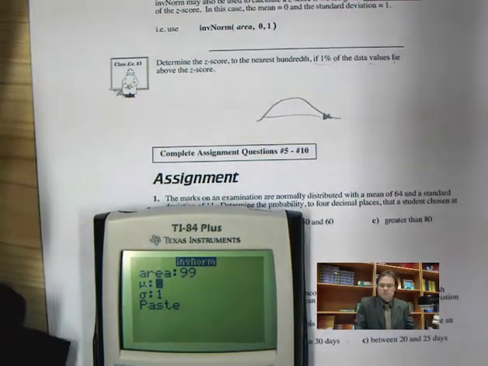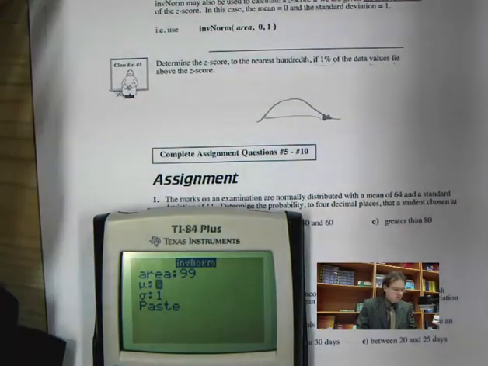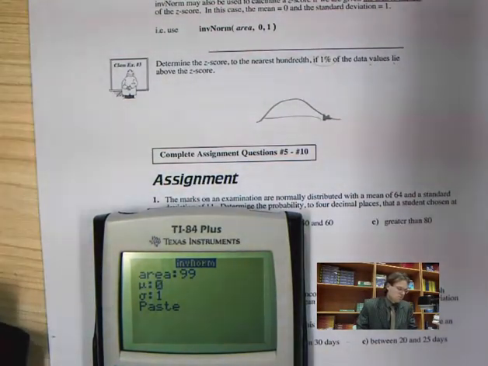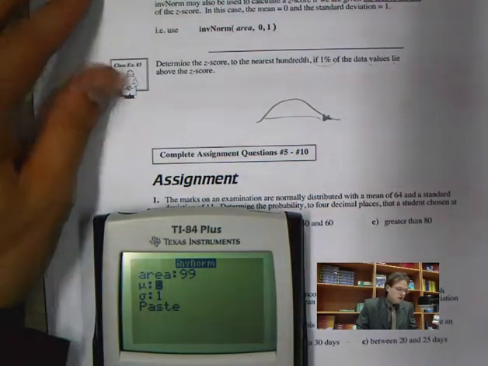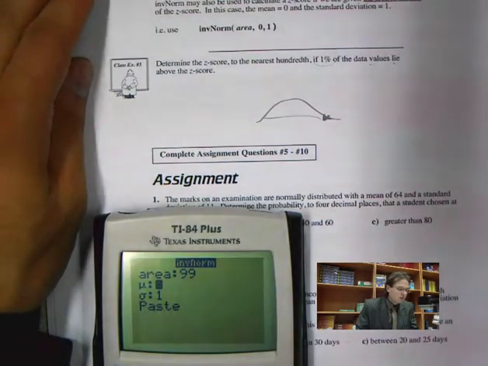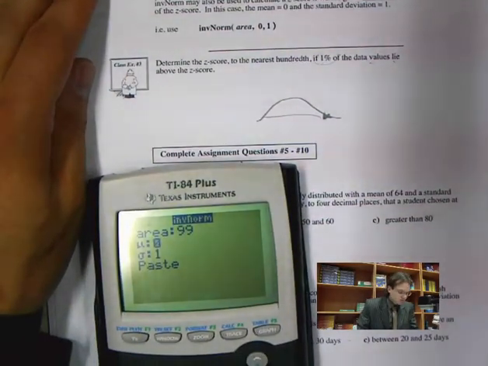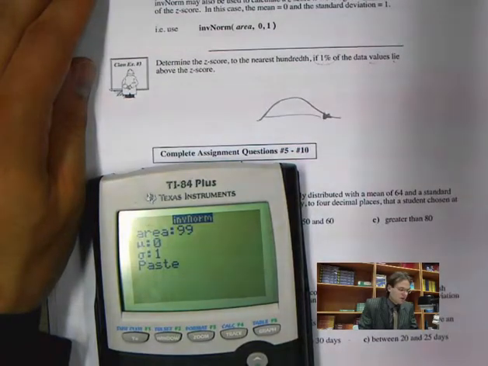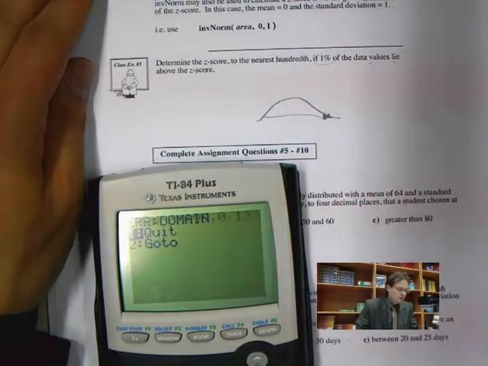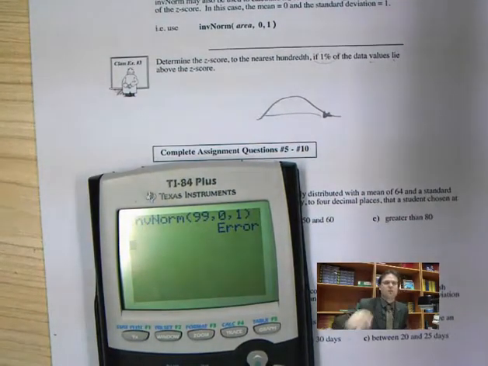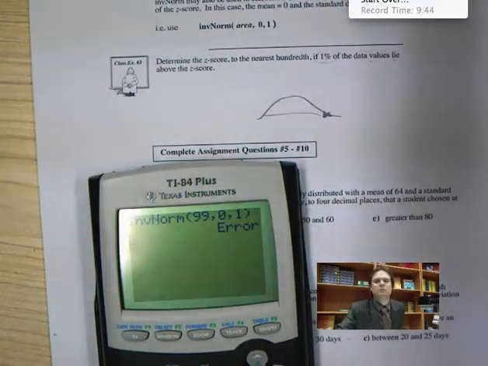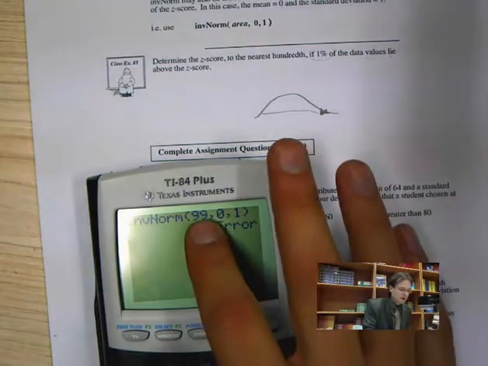What is my mean? Well, my mean is 0, we could say. And we want lies above the z-score. 0, and then we have our standard deviation is 1. We want 99%. Oops. There was my mistake. I said 99%.